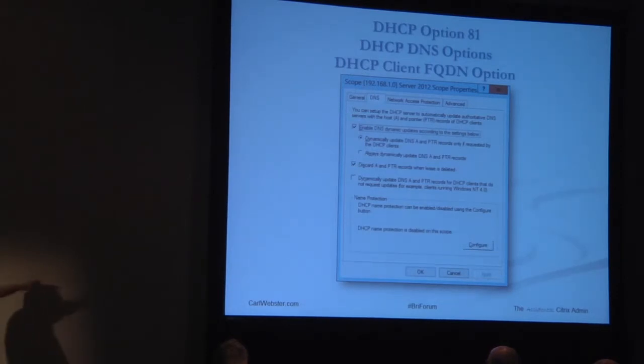So by default, the client owns the DNS record. You don't want that. You want the DHCP service to own it. Now, Microsoft actually refers to this in 3 different ways. This is called the DHCP option 81. It's also referred to as DHCP DNS options, and in some articles, it's referred to as the DHCP client FQDN option. It's all referring to this tab.